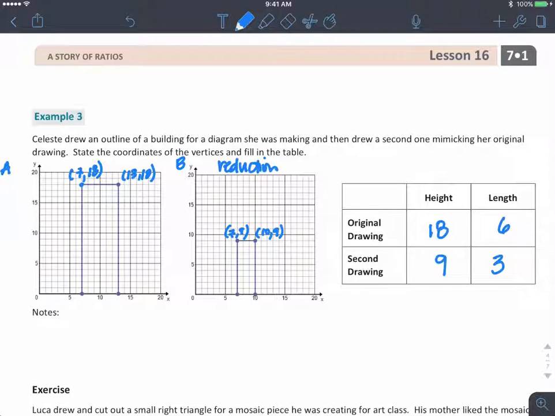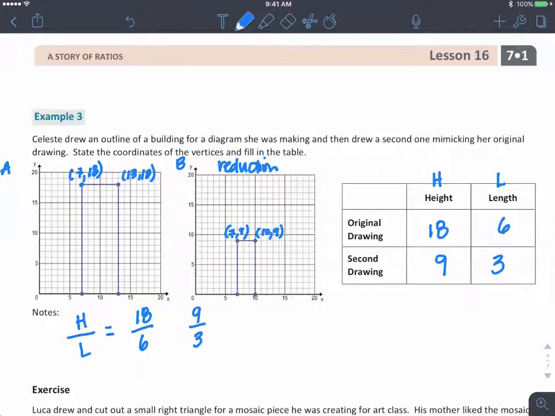So if I give the height the variable h and the length the variable L, I should be able to look at a ratio that is h to L. Alright, let's see what happens when we replace those variables with numbers. Alright, so we have 18 to 6. And we also have 9 to 3.